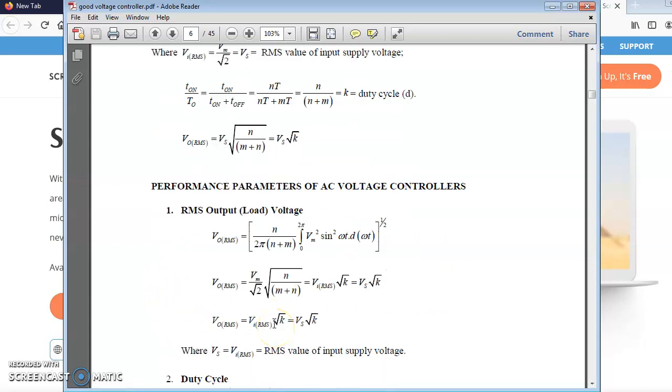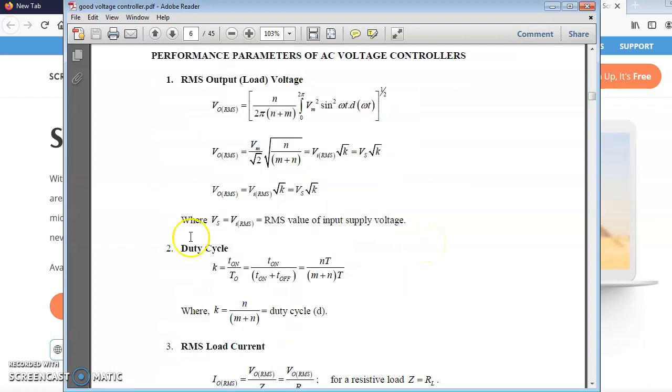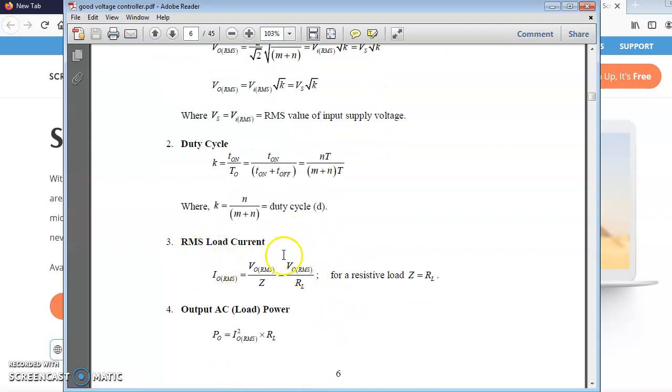Now the performance parameters of the AC voltage controller. This is how we can find the RMS voltage. The duty cycle is T on over T total, where T on plus T off is the complete time period. So this is N over M plus N. We get the RMS load current as VRMS divided by Z, or R if you have only a resistive load.